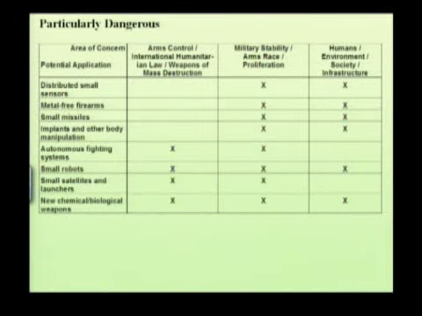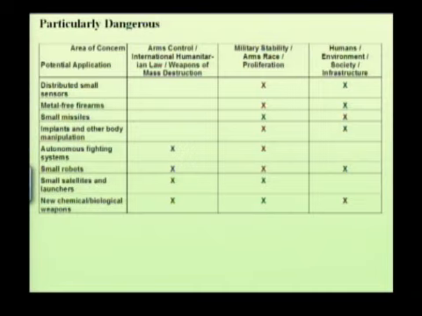We couldn't ban soldiers from using them. There are very few specific applications which get positive marks. This applies mainly to cheaper sensors for biological and chemical agents that could be used, let's say, in public spaces in the civilian realm. But there are several applications which pose serious dangers, and you see them here grouped by the category that is mostly affected of the criteria.